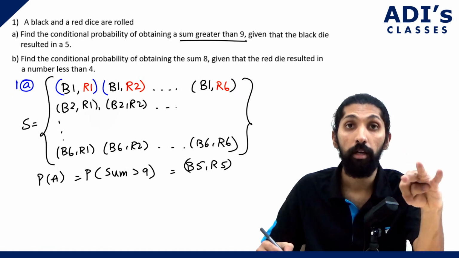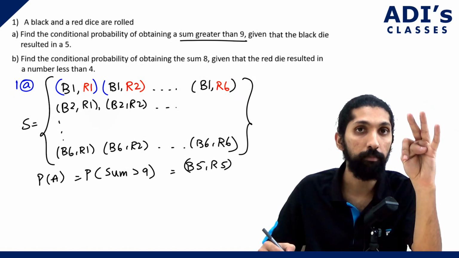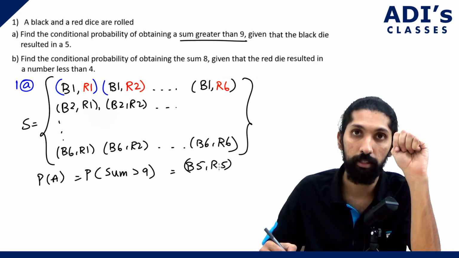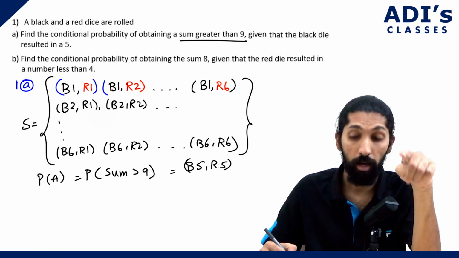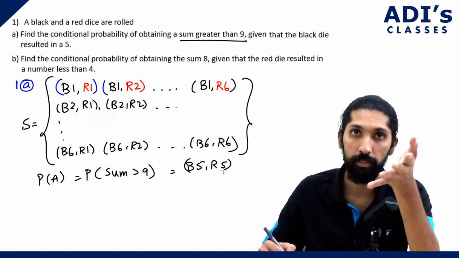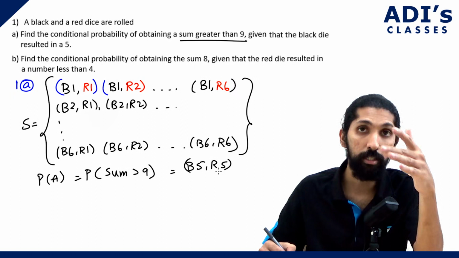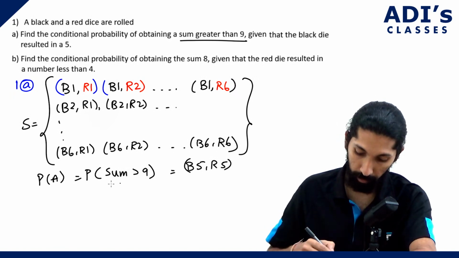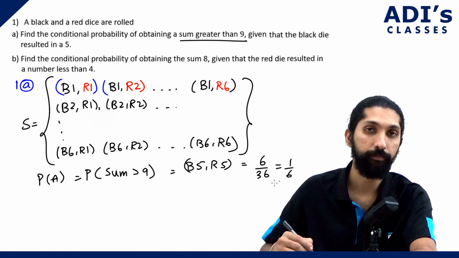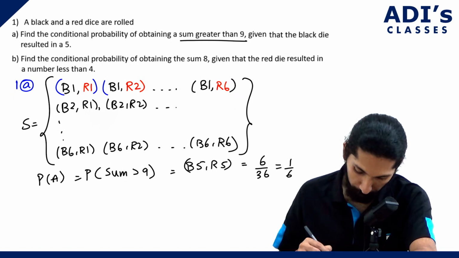Next, 6 and 4, 6 and 5, 6 and 6. Of course, 4 and 6 also, since 4 plus 6 is also 10. So there are 6 possibilities, and the probability is 6 out of 36, which is 1 by 6.